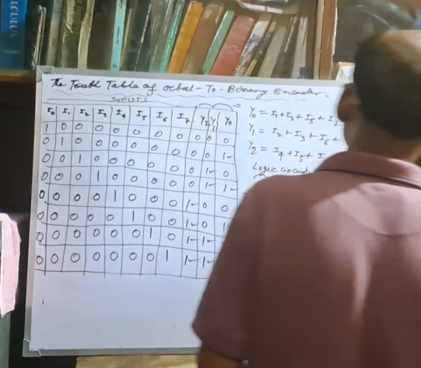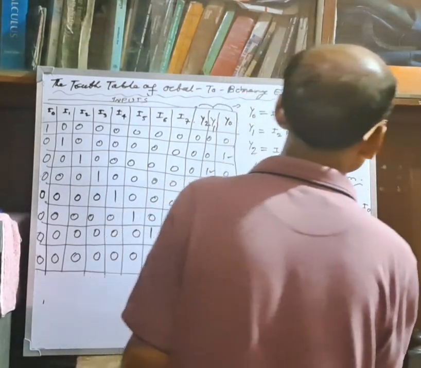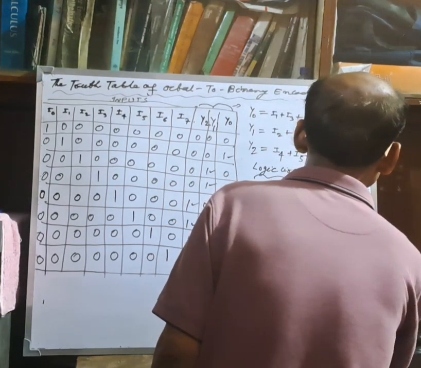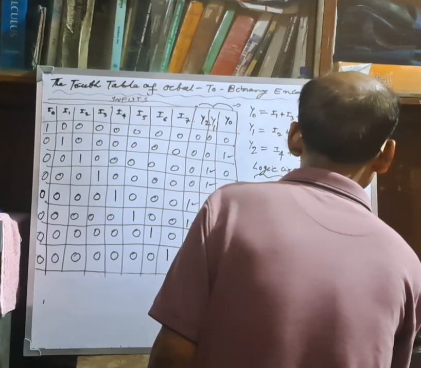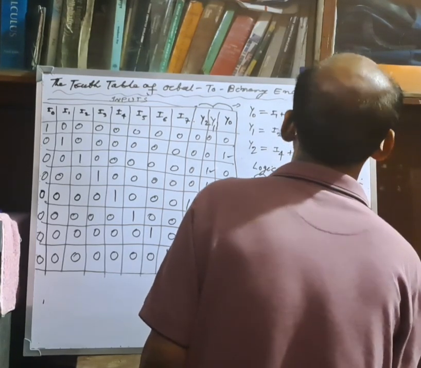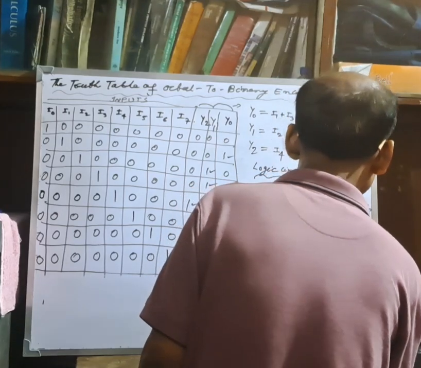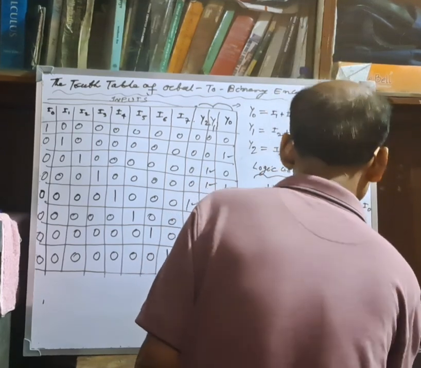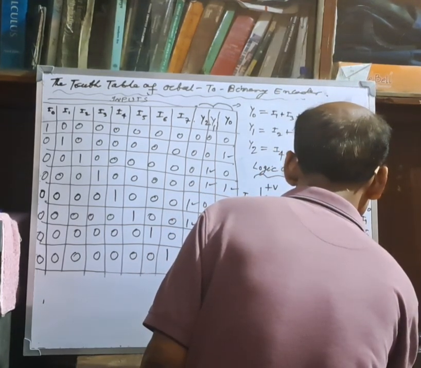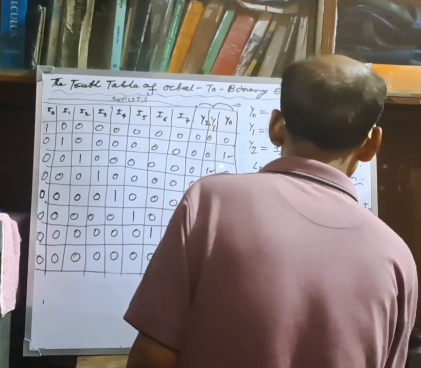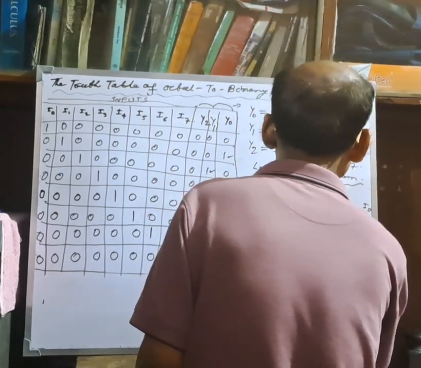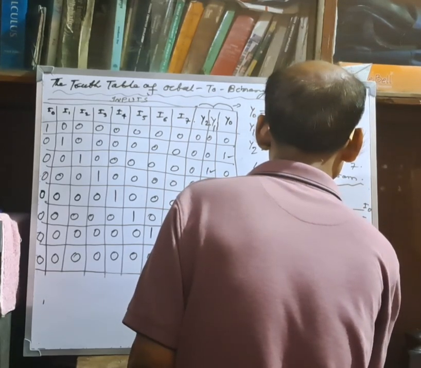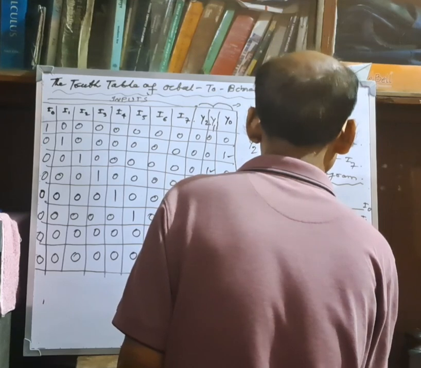If you want to make it clear, then you can do it in this way also. This is I1, this is I1, this is I3, this is I3, this is I5, and this is I7. And you just see this is here I2, this is here I3.